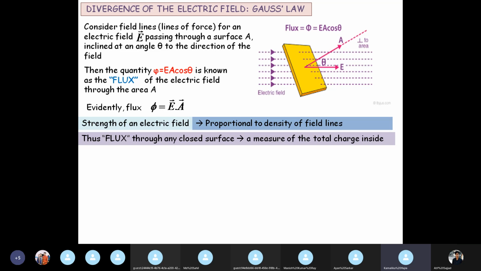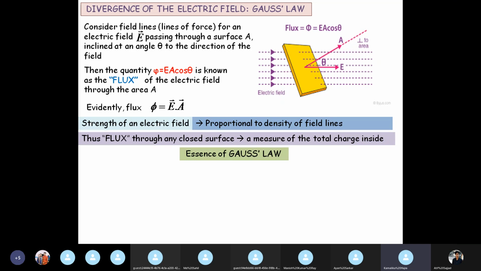So qualitatively we can write that the flux through any closed surface is a measure of the total charge inside. Okay. Now let us see how to see this quantitatively. This is something we can understand qualitatively.